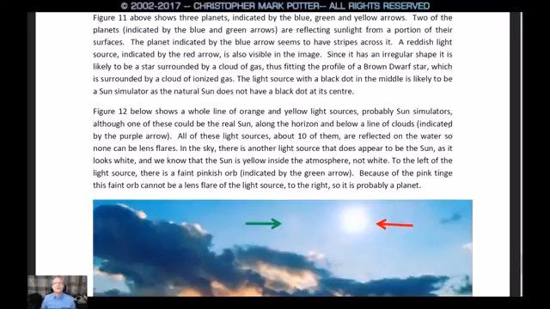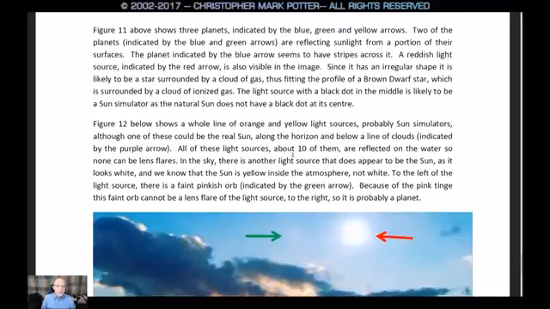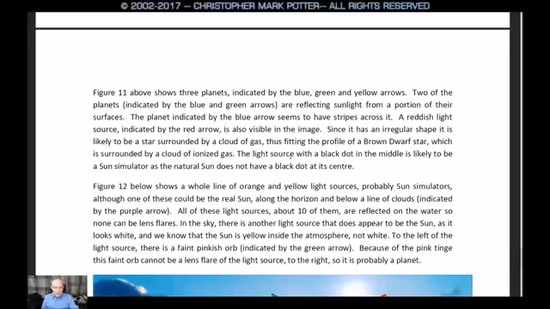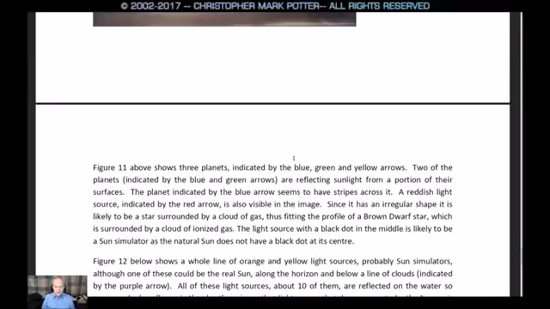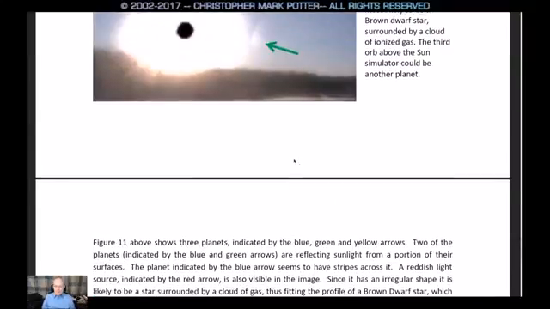Figure 11 shows potentially, allegedly, 3 planets, indicated by the blue, green, and yellow arrows. 2 of the planets indicated by the blue and green arrows are reflecting sunlight from a portion of their surfaces. The planet indicated by the blue arrow seems to have stripes across it. A reddish light source indicated by a red arrow is also visible in the image.